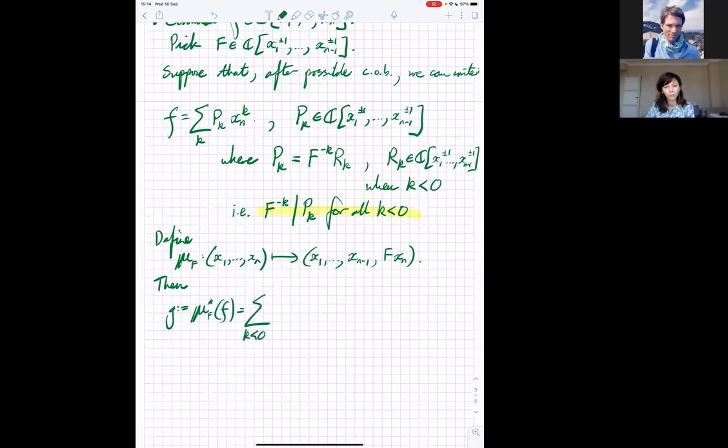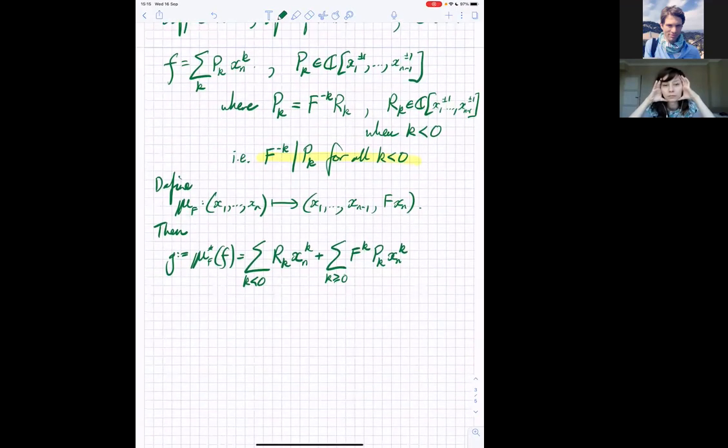In the negative powers of xn, all we get is this remainder term, and for the positive powers of xn, we're going to have to multiply through by a copy of capital F. By construction, this is a Laurent polynomial, and it's not too hard to check that this has exactly the same classical period.